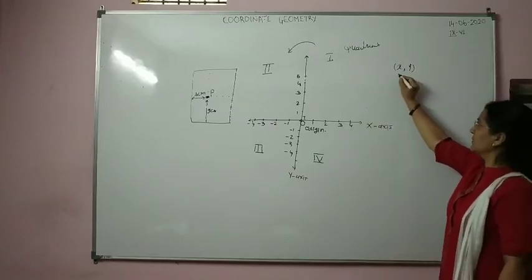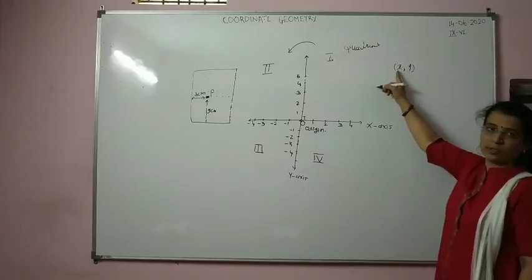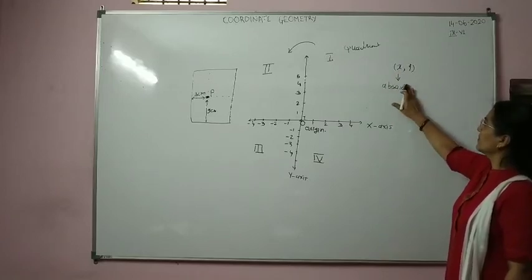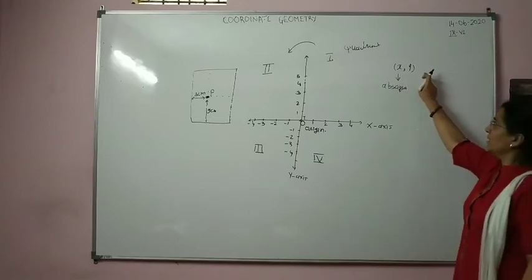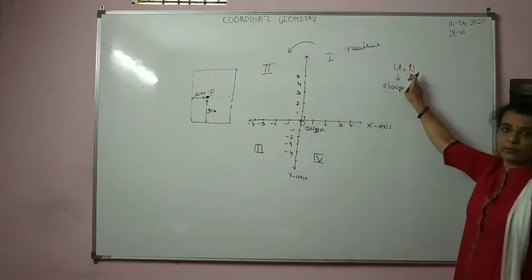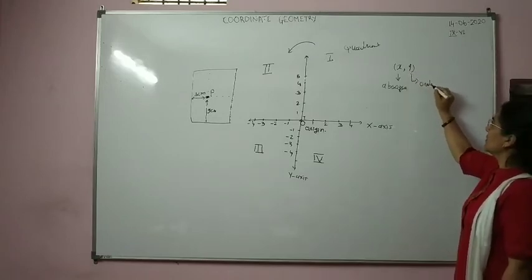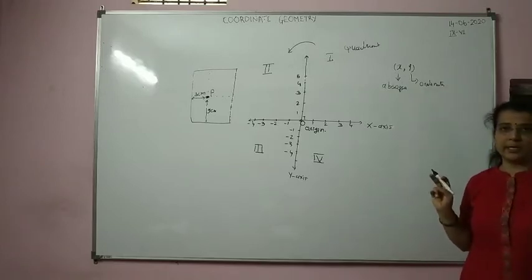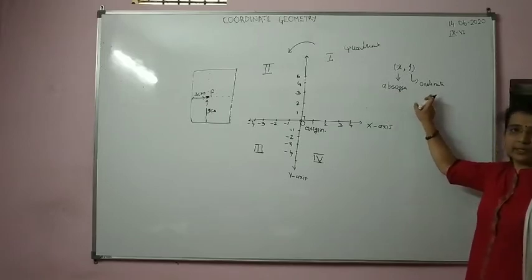The information along the horizontal line is called the x coordinate, also called the abscissa. And the information we take along the vertical line is called the y coordinate, also called the ordinate. So if you locate any point in a plane, the first coordinate is called the abscissa, while the second coordinate is called the ordinate.